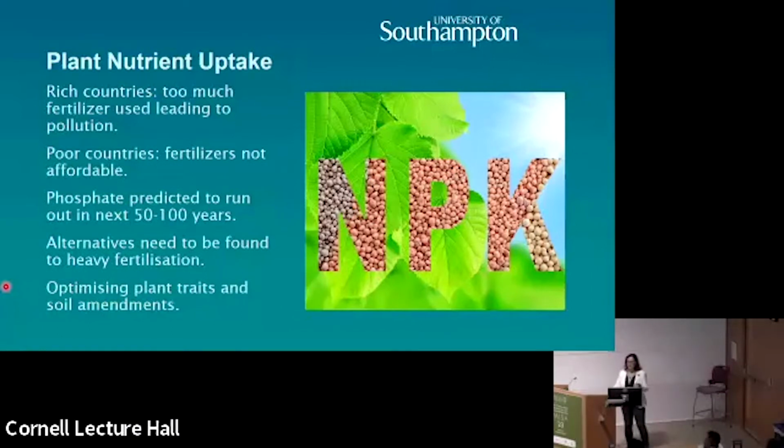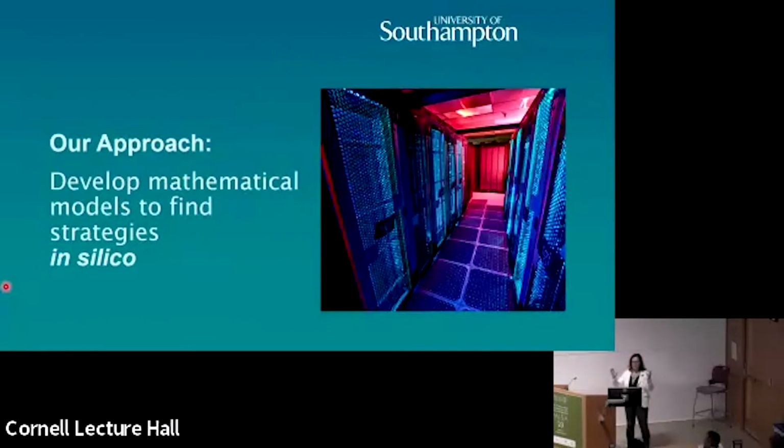So what we've been doing in Southampton, our approach has been to develop these mathematical models to run lots of trials in silico. But the challenge, of course, is that we need to make sure that these models are scientifically accurate enough to make these predictions.